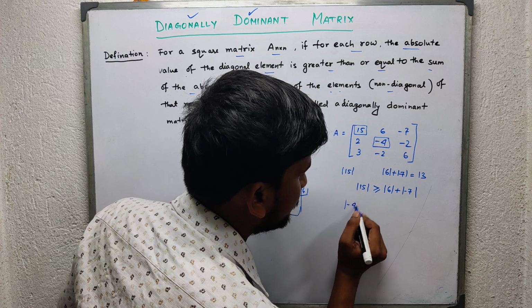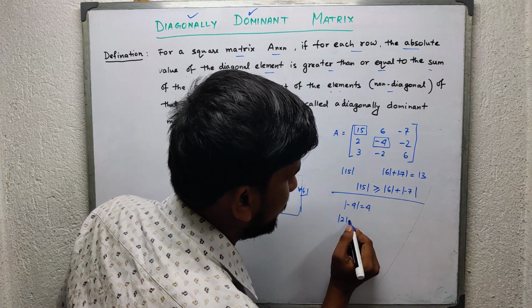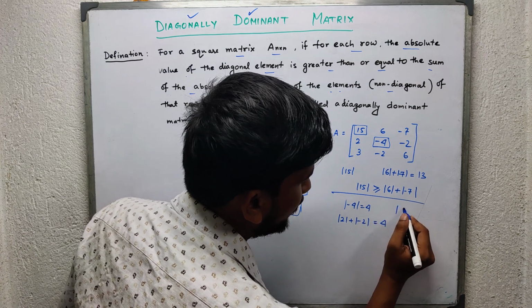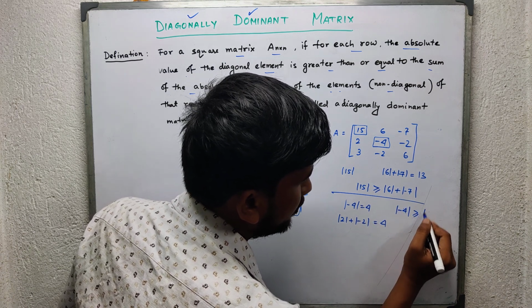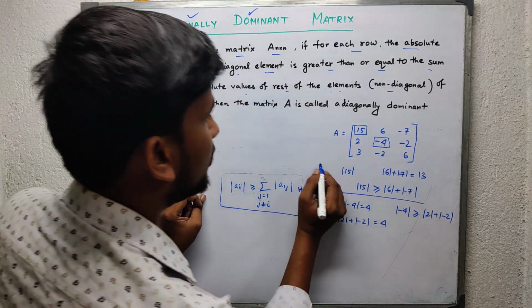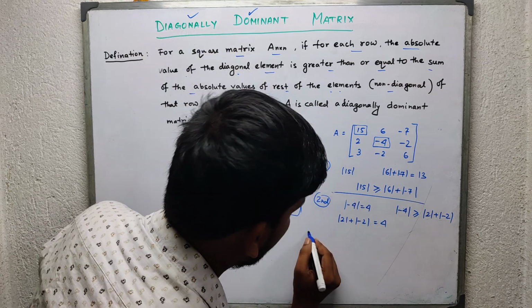Now mod of minus 4 is equal to 4, and mod of 2 plus mod of minus 2 is again 4. That is, mod of minus 4 is greater or equal to mod of 2 plus mod of minus 2. This holds for the first row, the second row, and the third row.